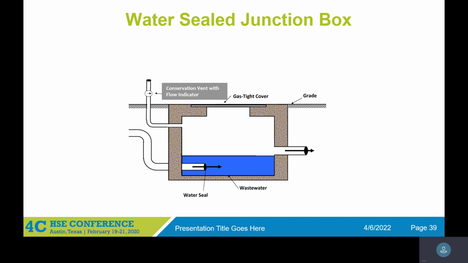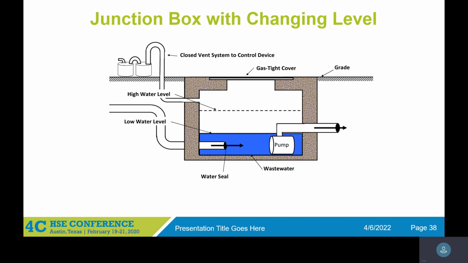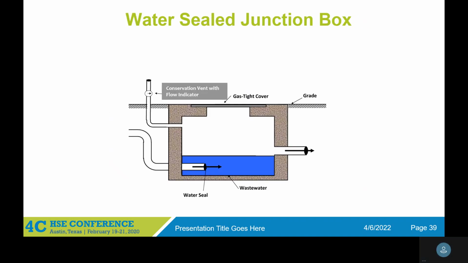If you decide to use the junction boxes, this is if you do closed drains and everything is controlled by the carbon canister. If you use water seals, you don't necessarily have to have the carbon canister, but you have to have the flow vent indicator.